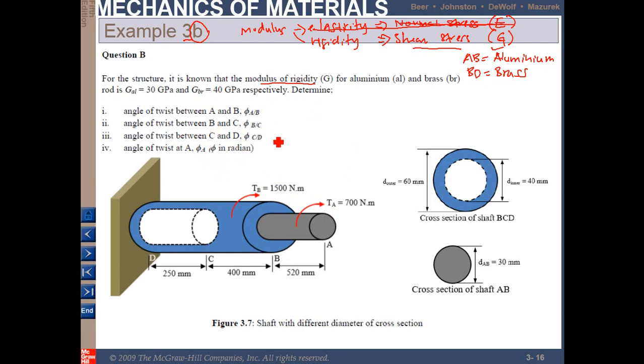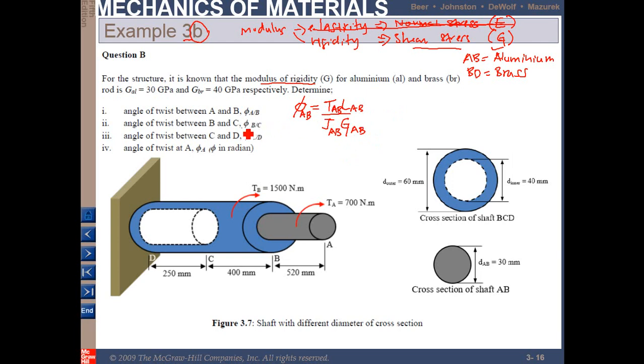Okay, so you know that the equation to find the value of phi is equal to T L over J G. So for phi at AB, between A and B, you have to use the torque at AB, and length at AB, J at AB, and G at AB.